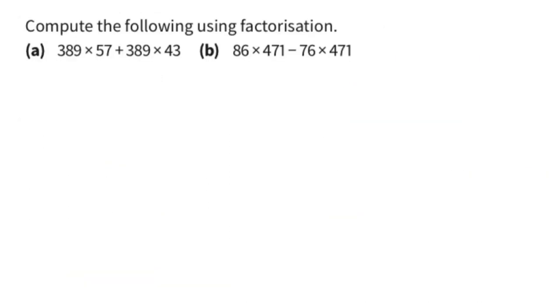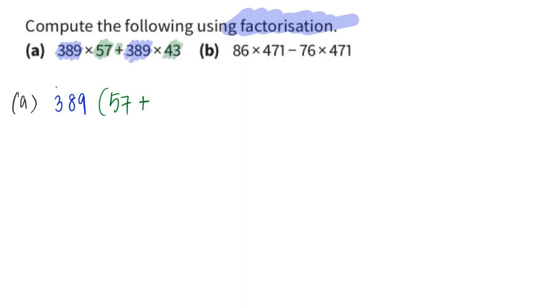Hello everyone, welcome to this problem where we are going to solve the following using factorization. That is an important keyword, meaning that I must first factorize, and I saw that 389 is a common factor. For me to take them out, and I'm left with 57 plus 43.